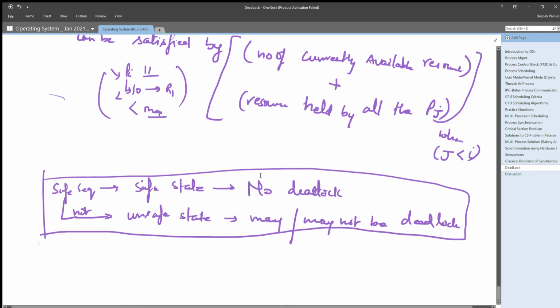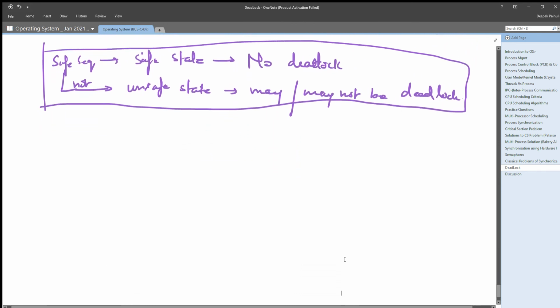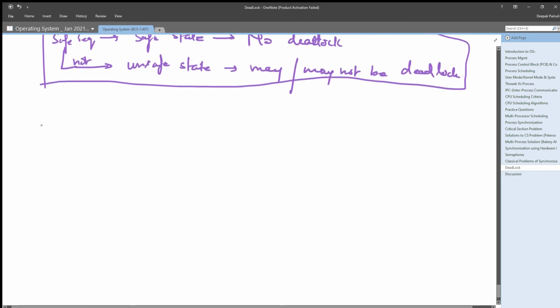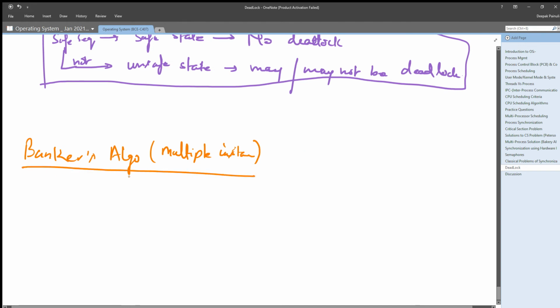So for avoiding deadlock, we have the algorithm called Banker's algorithm, which deals with the multiple instance problem. We use Banker's algorithm when we have multiple instances of a resource type in the system.